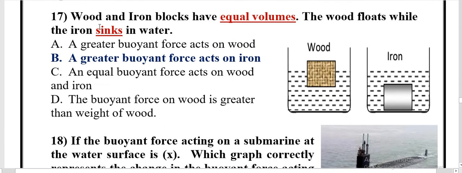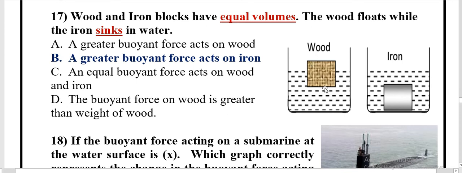Question number 17. Wood and iron blocks have equal volumes. Wood floats while iron sinks in water. As we said before, the buoyant force equals rho V g: the density of the liquid, which is the same, and V, the volume of the immersed part of the object in the water.